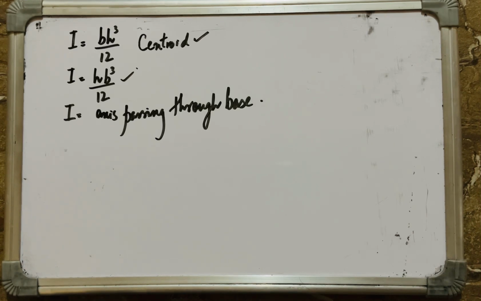Now we have to see what is the moment of inertia of the rectangle about an axis passing through its base. Because we are designing the intermediate stiffener and we have adopted a plate, we are not using the moment of inertia about centroids. Rather, we are using the moment of inertia of the same rectangular plate about an axis passing through its base.